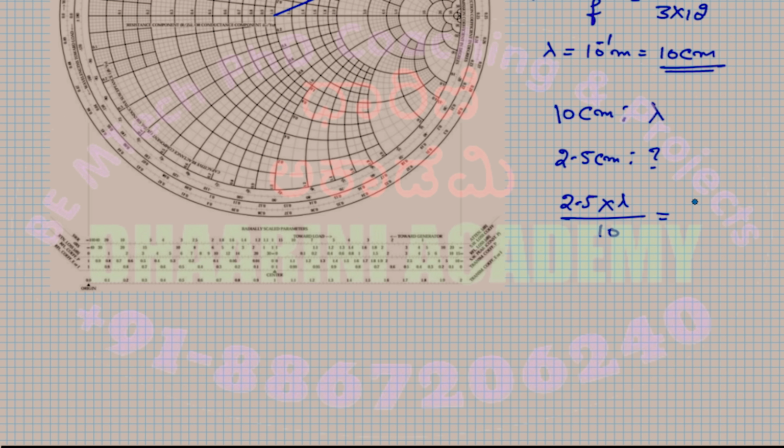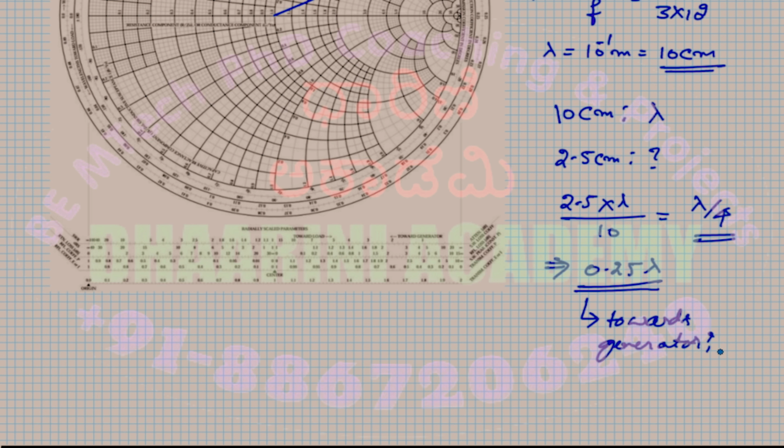Centimeter cancels, so this is lambda by 4. So 0.25 lambda is what I am supposed to move. This is the distance that you need to cover towards generator. Are you fine with this?